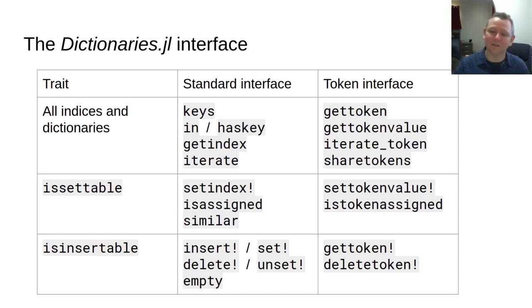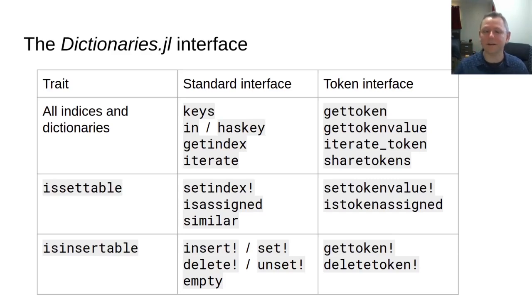With the insertable interface, we've done something a little bit different to what's in dict. There are explicit functions for creating new keys, for insert, whereas setindex will only override an existing value that has an existing key. So we're not confusing our insertion and update commands. There's an upsert operation called set, and then you have delete and unset, which are like the opposite of insert and set.